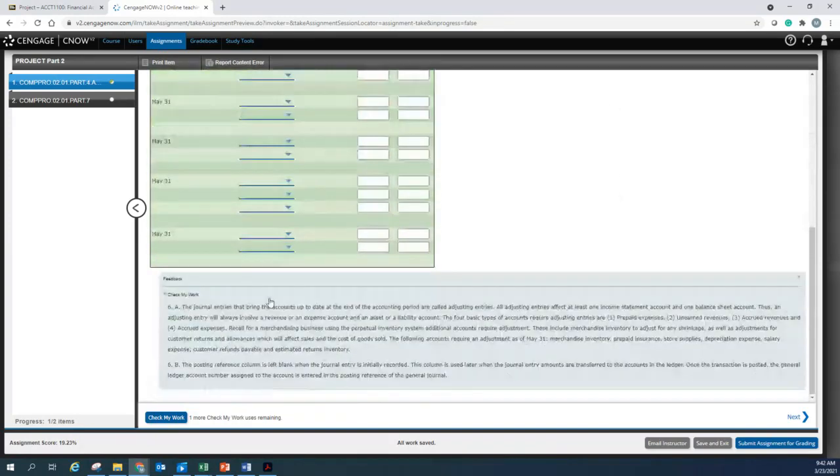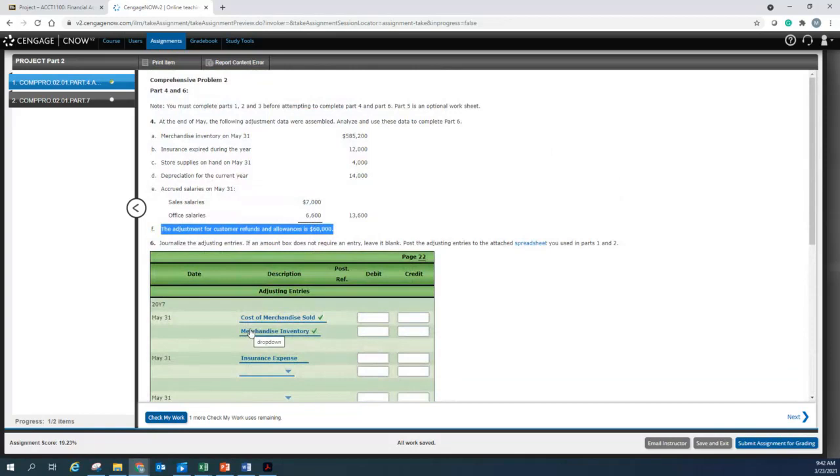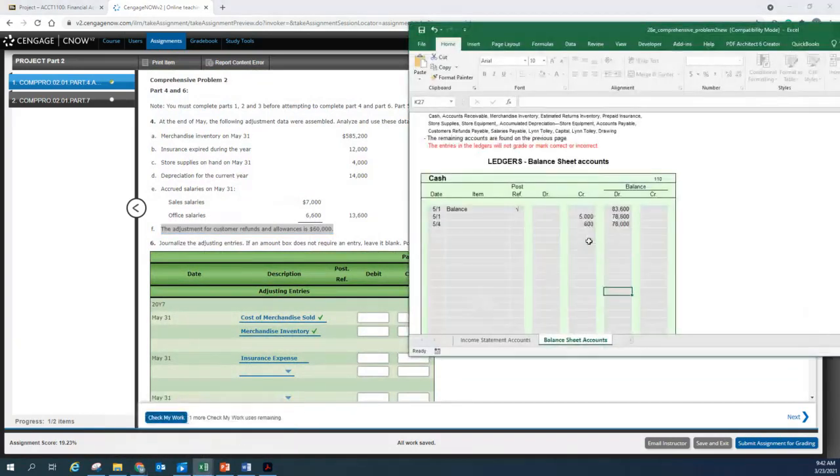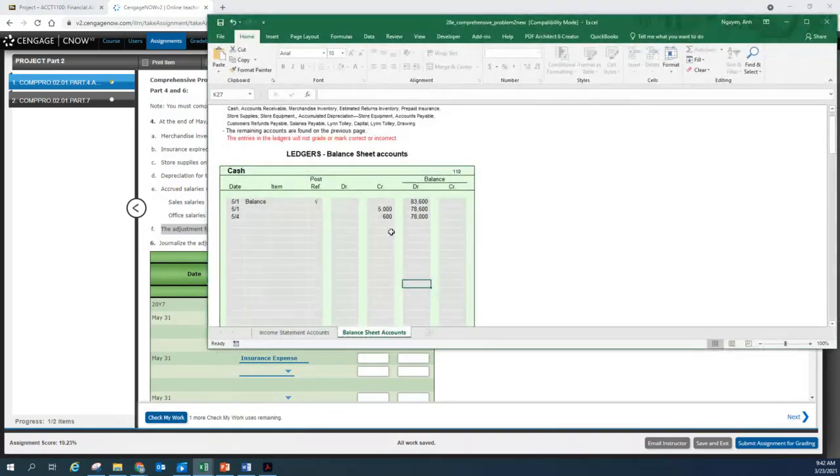Okay, so all of these journal entries, again, use this ledger, this spreadsheet. Continue. What happened if you had it wrong? Well, go back and correct it.